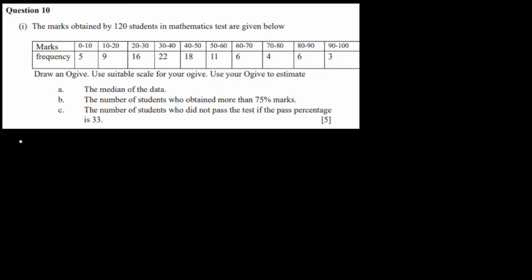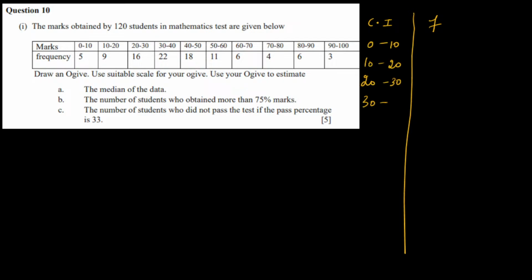So I'll just rewrite it. The class interval is given to us. Then frequency is given to us. 0 to 10, 10 to 20, 20 to 30, 30 to 40, 40 to 50, 50 to 60, 60 to 70, 70 to 80, 80 to 90, 90 to 100.